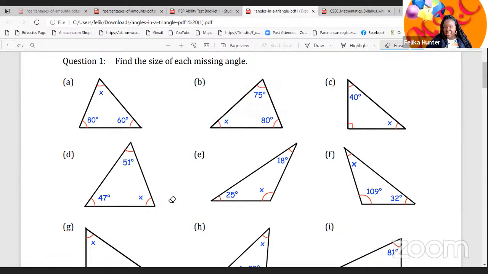So the first thing is, what do you know about a triangle? What are some of the things you remember about a triangle? Anyone can unmute and tell me what you know or what you remember about the triangle?